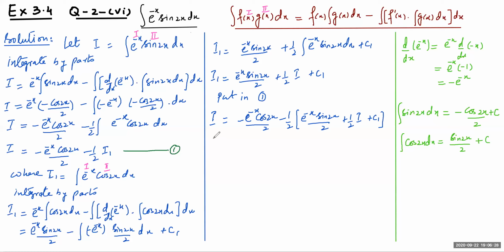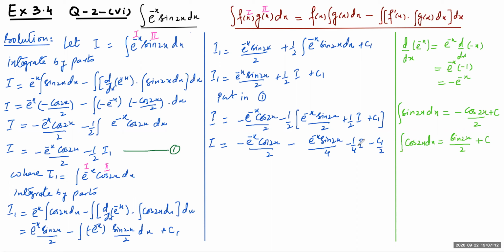And now open up the bracket, you will get integral I is equal to minus e to the minus x cos 2x by 2 minus 1 by 4 e to the minus x sine 2x, or I think I better write it like this, minus e to the minus x sine 2x whole by 4, and then minus 1 by 4 I, and then I have minus 1 by 2 c1. I have to correct it. Minus 1 by 2 into c1 becomes minus c1 by 2.